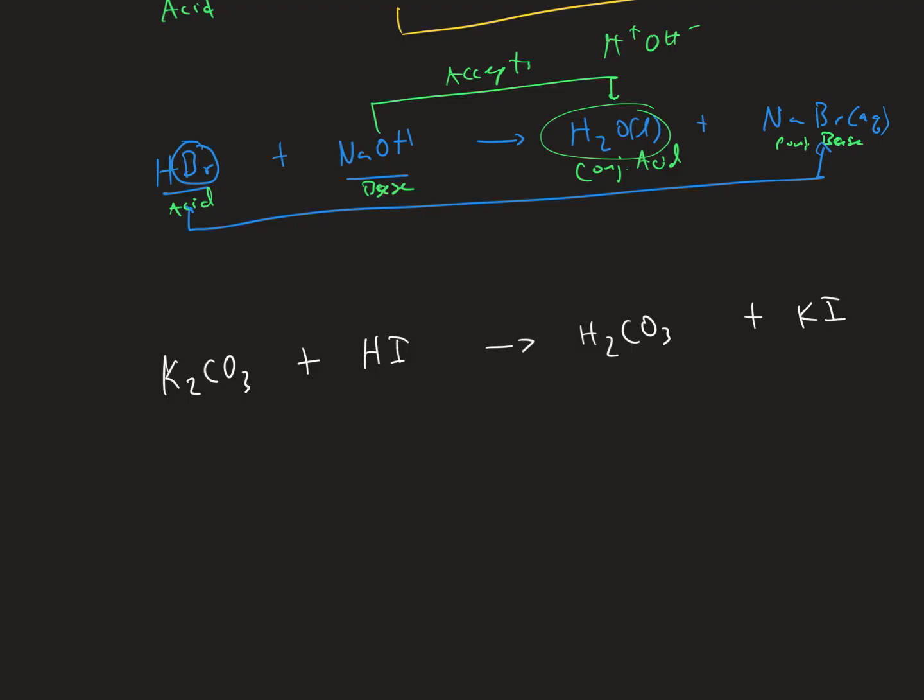Which is easiest to recognize, the acid or the base? Acid. So which one's the acid? HI, right? Therefore, this one must be the base. Can we make sense that it is a base? Yeah, because it's an aqueous solution, so it dissociates, and that CO3 2 minus picks up the H plus. So that's our base.